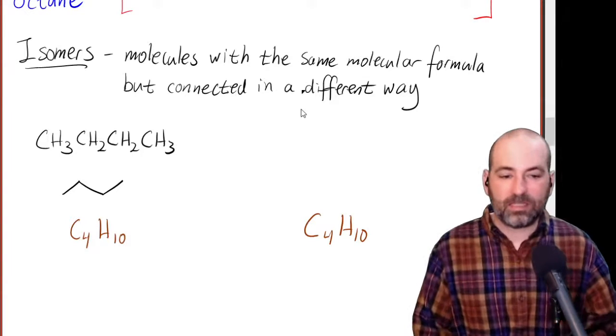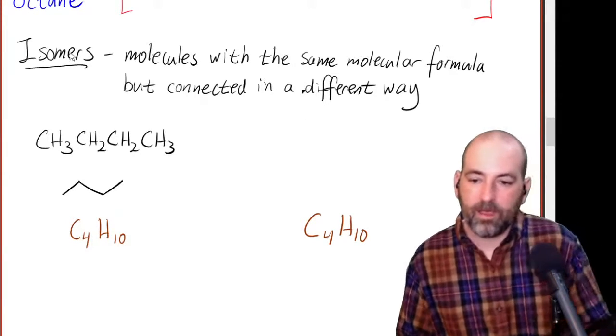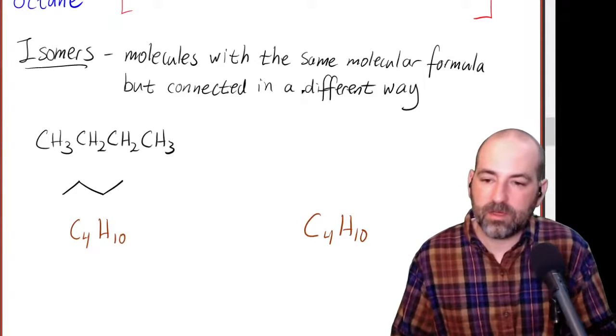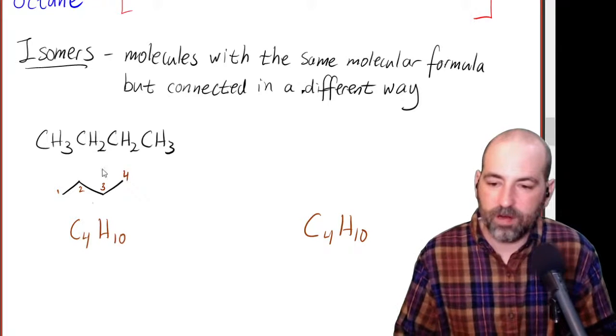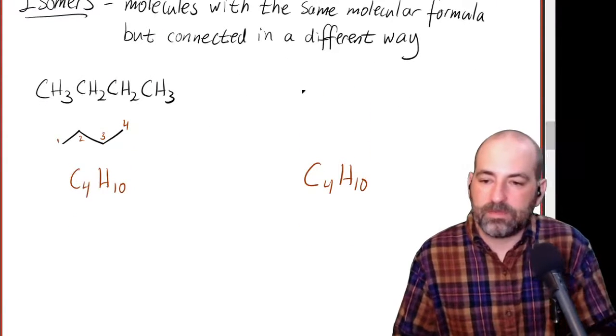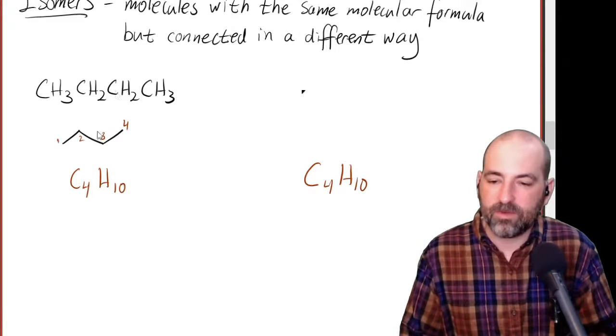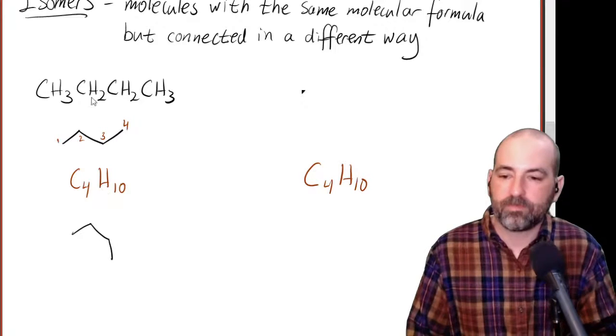And when I say connected in a different way, I mean different atoms are connected to each other. One common mistake with finding isomers, if we think of these like 4 carbons right there, is to say, oh, well, connected in a different way, that just means I draw a different zigzag. So instead of going this way, maybe I go 1, 2, like that.